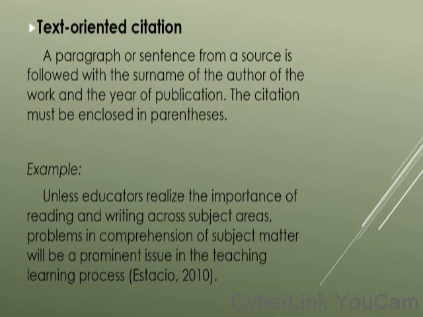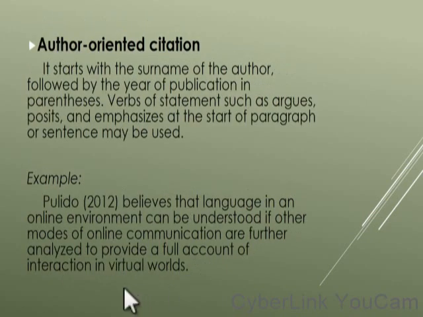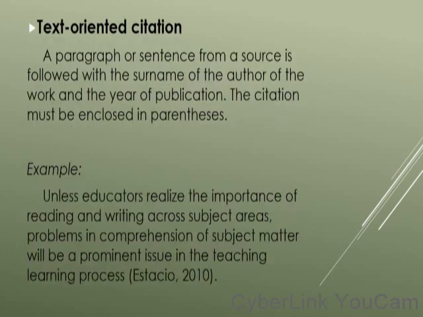So it means the surname of the author occurs at the end of the sentence or paragraph, and the year of publication followed by the surname. The citation must be enclosed in parentheses. Let's see the example here. The first example, the author-oriented citation and the text-oriented citation.